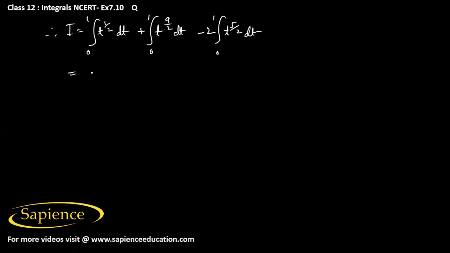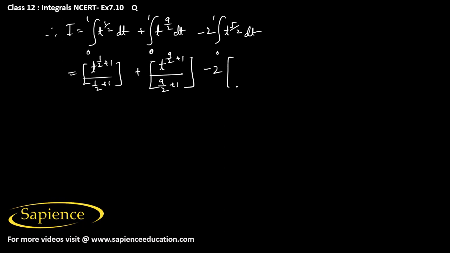So this will be equal to t power half plus 1 by half plus 1, then plus t power 9 by 2 plus 1 by 9 by 2 plus 1, and then minus 2 into t power 5 by 2 plus 1 by 5 by 2 plus 1, and all will go from 0 to 1.